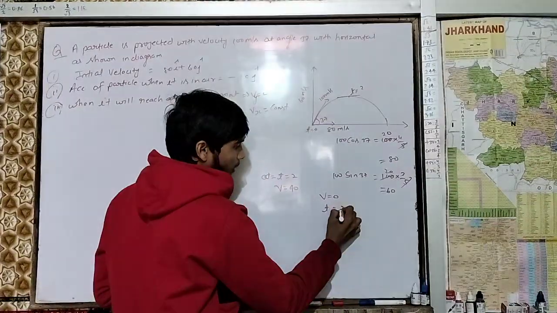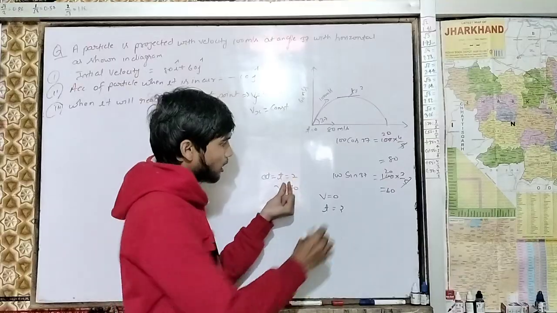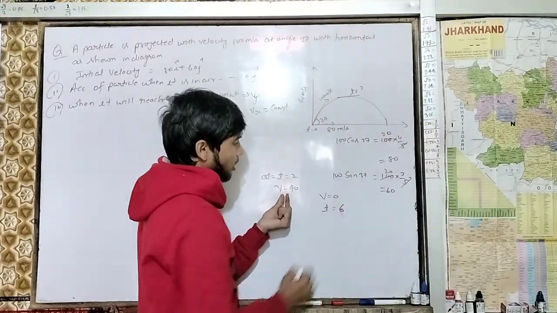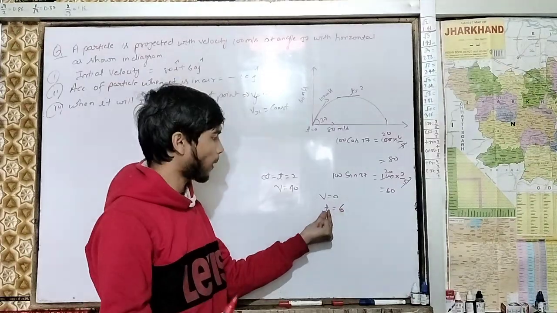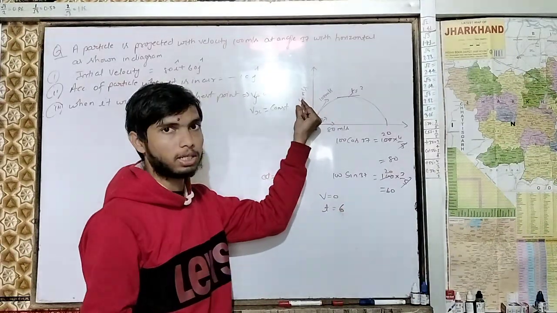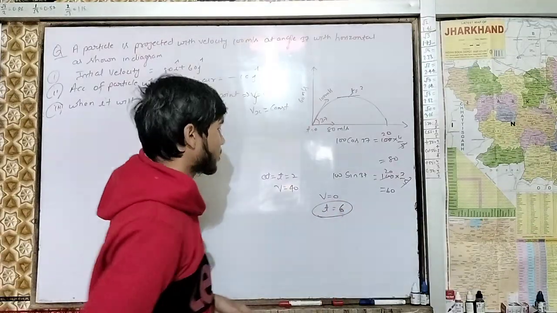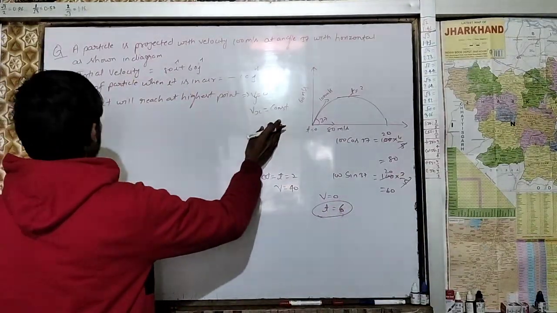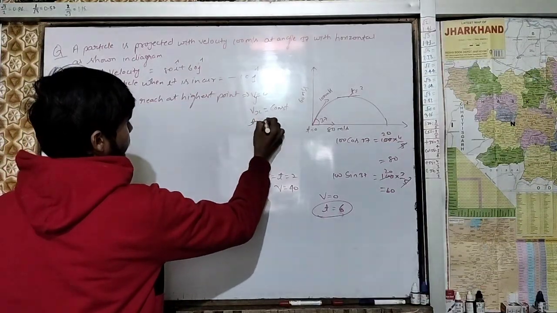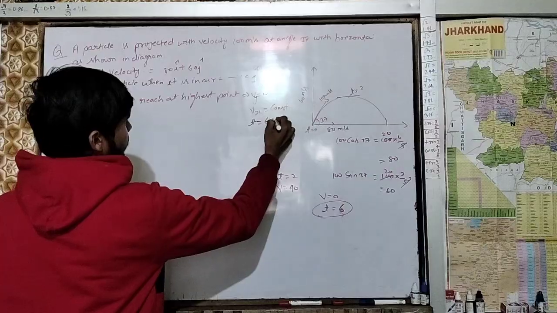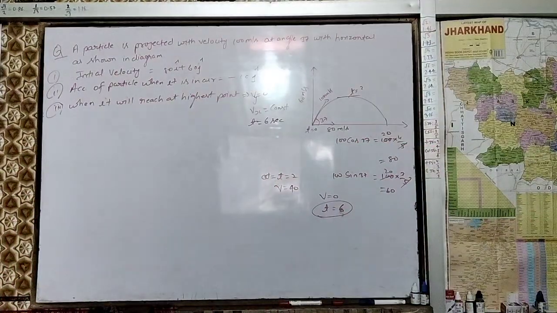If we put t as 6, our solution would be 10 multiplied by 6, 60, and 60 minus 60, velocity will be 0. So time is 6. At this time vy will become 0. This is what it was asking.